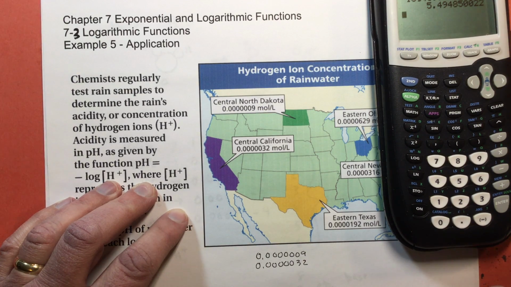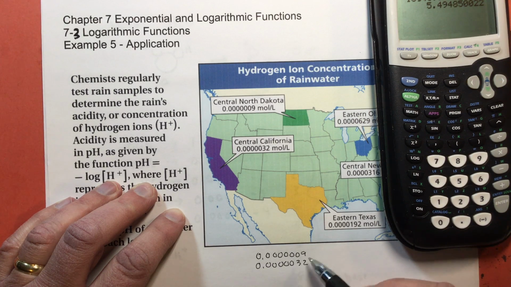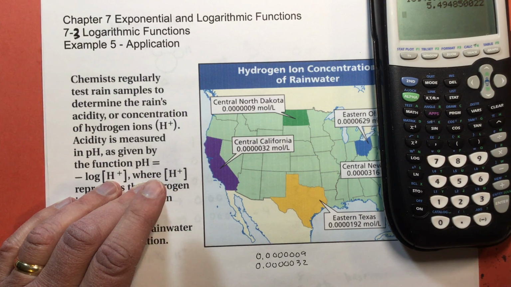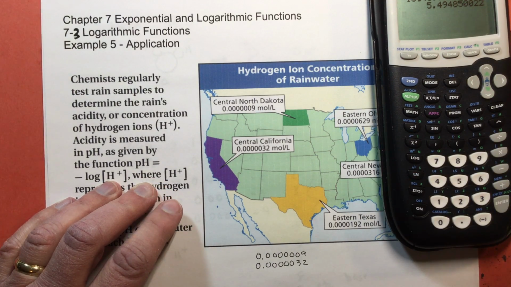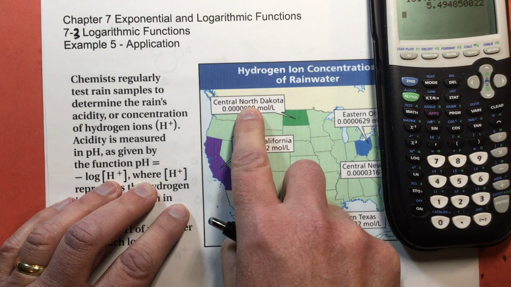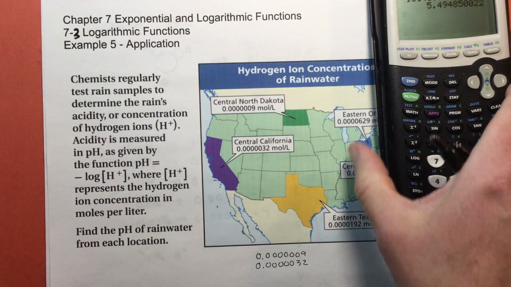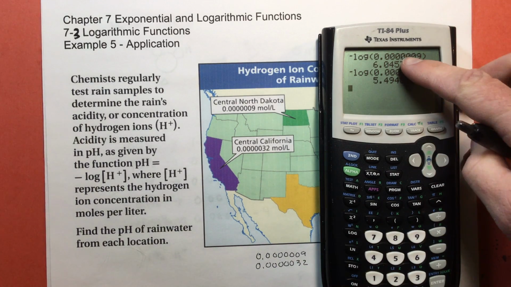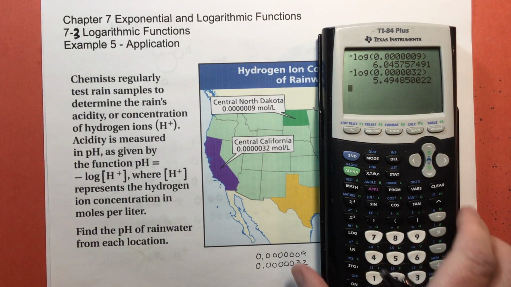Lining everything up using the place value, you can tell that 32 is bigger than 9. It's like 3.5 times bigger. So I should expect this to have a lower pH than this one, because the lower the pH, the more acidic it is, and that's true. So instead of 6, now I've got about 5.5.